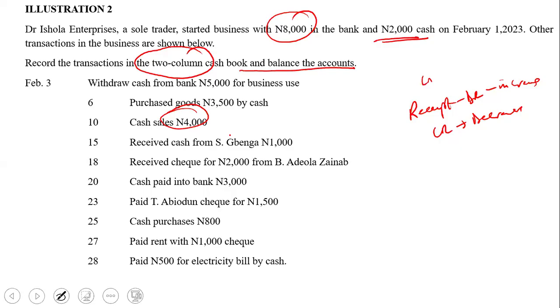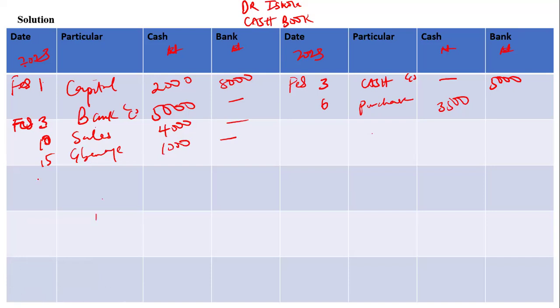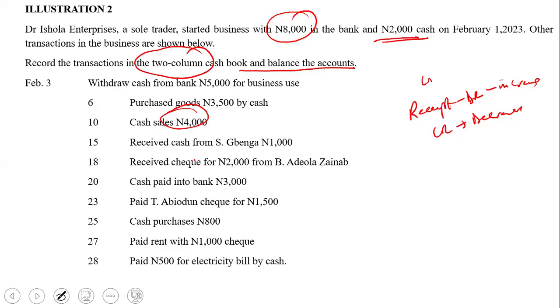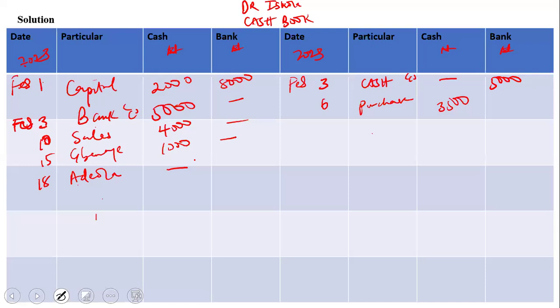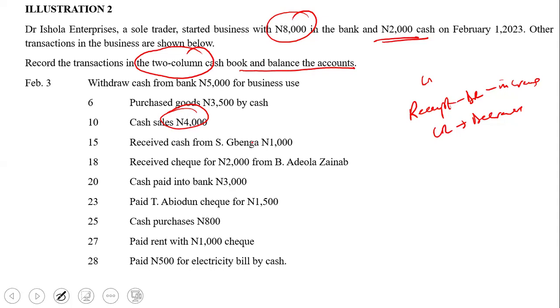Next, receive cash for 2,000 from B Adeola. So receive cash on the 18th, Adeola. But this time around, the money was in form of check, 2,000 naira. Check, 2,000 naira. The next one, we'll move on.